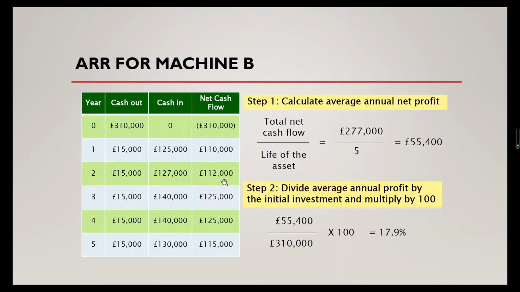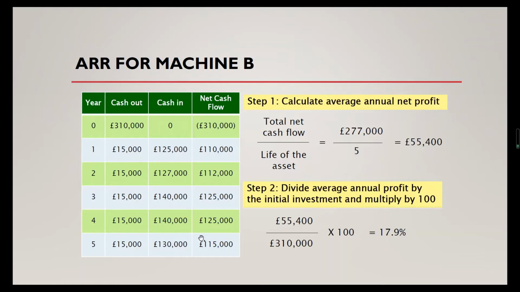£112,000. And then in the third year, as more customers know about the machine, they start buying more. Therefore, there are 140,000 in sales. Again, every year we have to pay £15,000 for using the machine. If we subtract 15,000 from 140,000, it gives us an answer of £125,000. The fourth year has the same revenue of 140,000 and we have to pay expenses of £15,000.